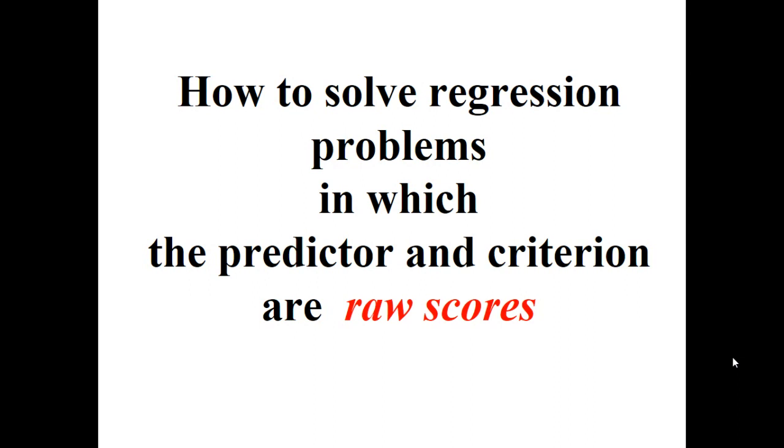Sorry, I misspoke on that. But next I'm going to show you that that same magic formula can be used to solve regression problems in which the predictor and criterion are raw scores.